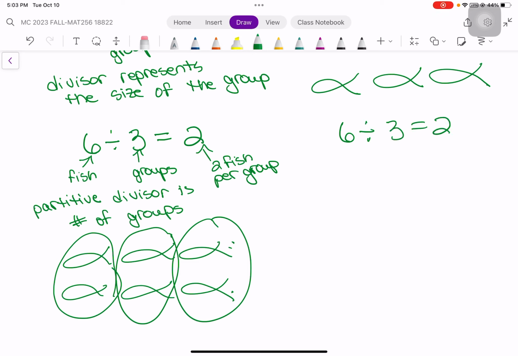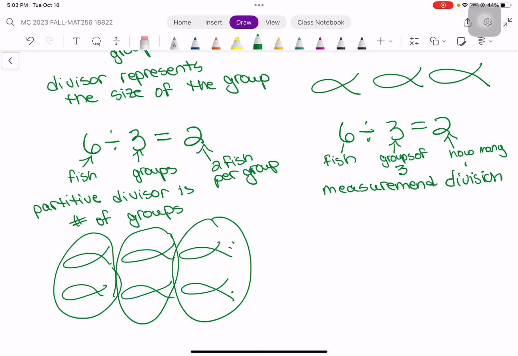With measurement division, we would say, okay, we still have 6 fish. This is now we want groups of 3. And then we want to know how many groups.